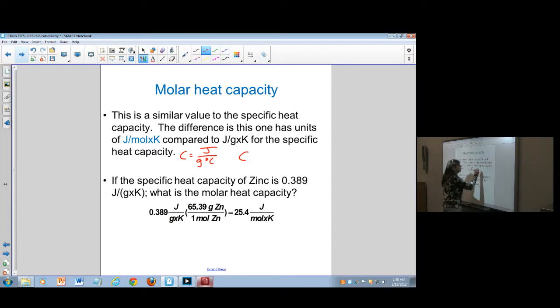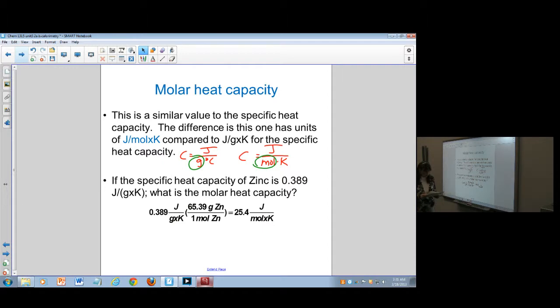And in that case, our units will be joules per mole per Kelvin, or degree Celsius. And so I showed you on this slide a little example of how to do that. It's the same amount, nothing changed about the specific heat constant, except that the units are different. So a gram or a mole. And I'll show you how to work with that.